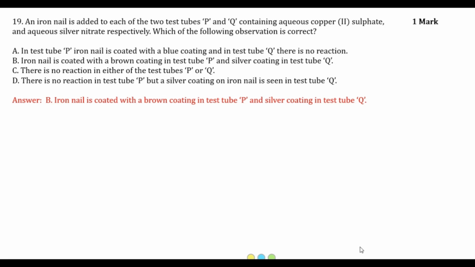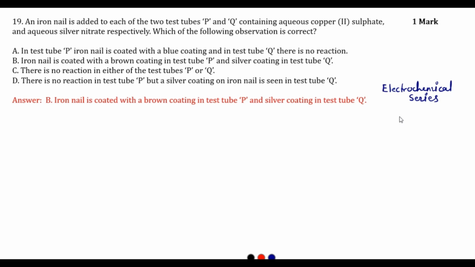So let me write the electrochemical series here, which will help us solve this question. It is already given in the NCERT book.